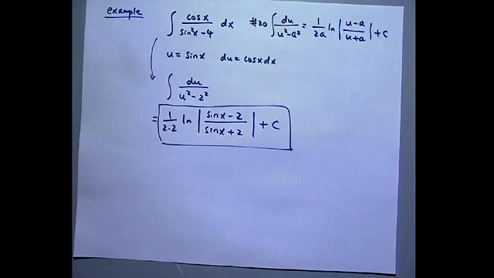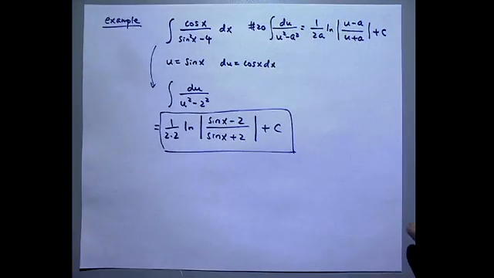And there we go. All right? So as you can see, as long as you can make the right substitution, these are usually very, very easy to do. The only mistake you could make is copying down the stuff incorrectly.